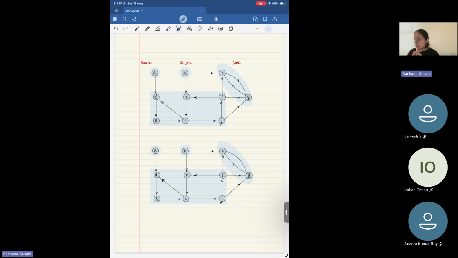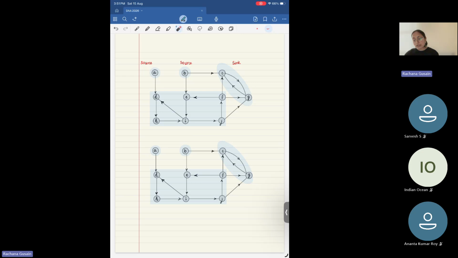So the first question that we should ask ourselves is, how do we identify a node in a sink strongly connected component? We know how to identify a node in a source strongly connected component. That is why if we do a DFS on this entire graph, we know that the node which will have the highest finish time is going to be in a source strongly connected component.